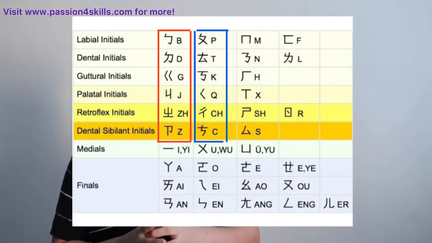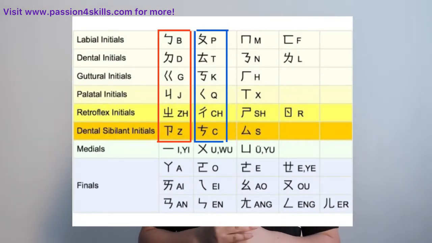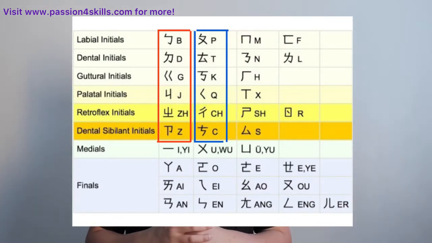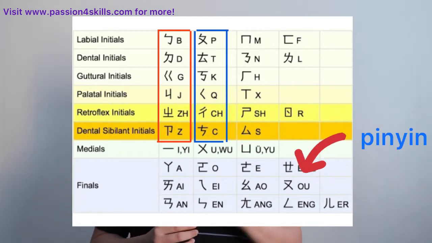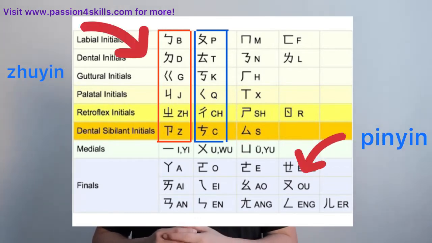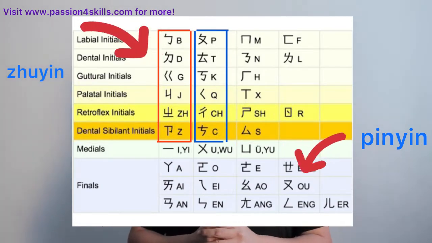Now, what's the difference between these two systems of reading the Chinese characters? Basically, both of them actually in a way are the same. Here is a chart that shows both pinyin and zhuyin. If you notice, for every corresponding letter or pinyin, there is a corresponding zhuyin or Chinese letters that can be found in this chart.